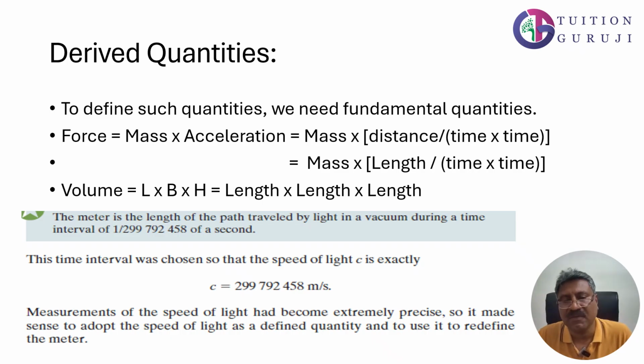This time interval was chosen so that the speed of light is exactly 299,792,458 meter per second. It is actually measured precisely, so it is sensible to adopt the speed of light as a defined quantity and to use it to redefine the meter.